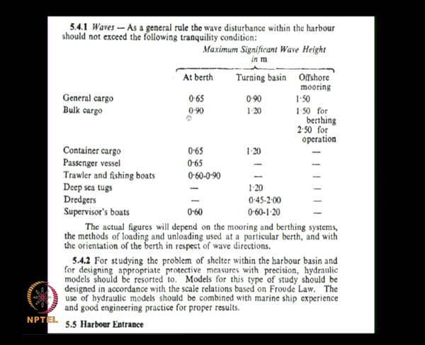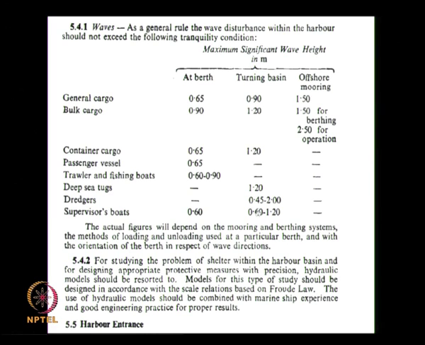And bulk cargo you can operate at a higher wave height, whereas containers you can operate at a lower wave height only, because of the container cranes and the lifting and other things, generally we need smaller wave heights for container cargo compared to bulk cargo. Then we have trawler and fishing boats, then deep sea tugs, dredgers, supervisor boats.